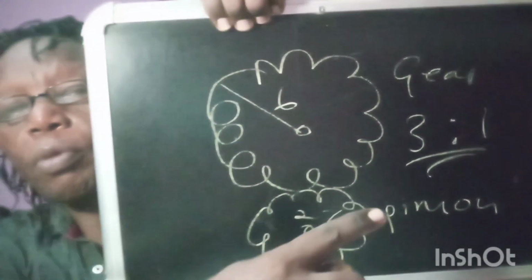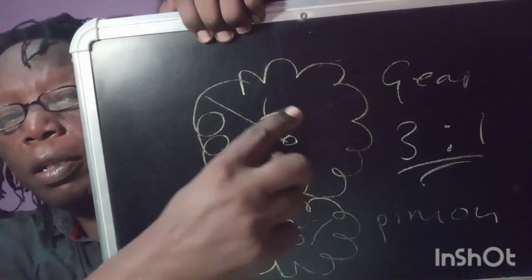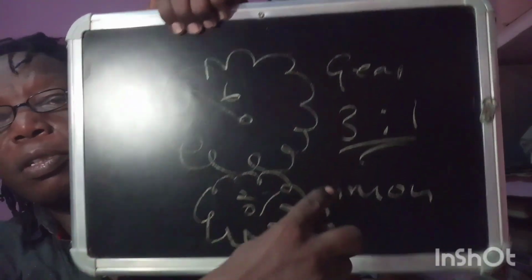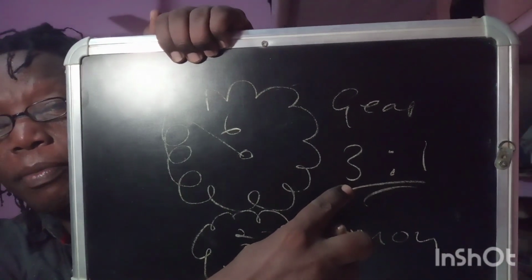You get 3:1 ratio, which means for every one single rotation of this one, the pinion will rotate 3 times. Okay, so that's what we call gear ratio, and we're going there.